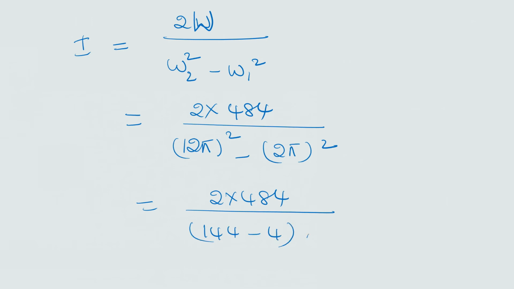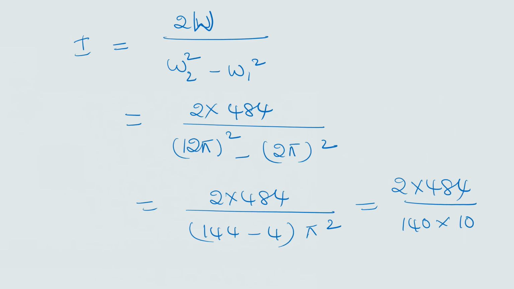So that is equal to 2 into 484 by 144 minus 4, taking pi square as common. So that is 2 into 484 by 140 into pi square, with pi square as 10.